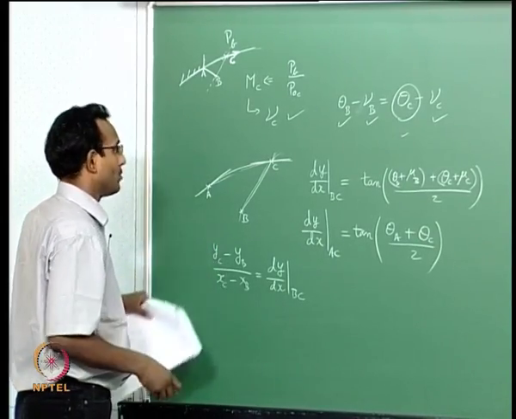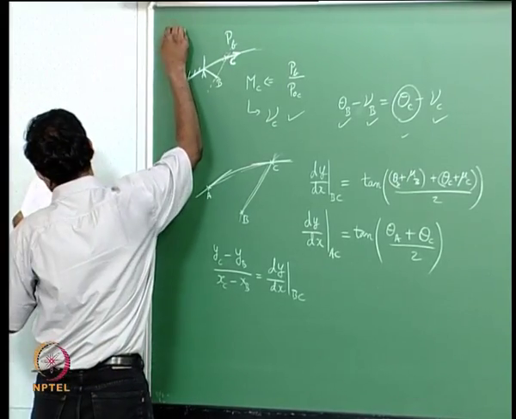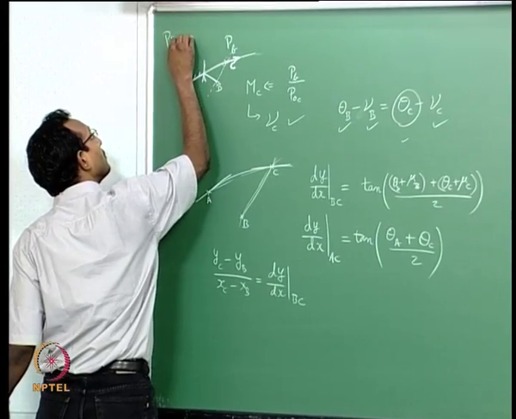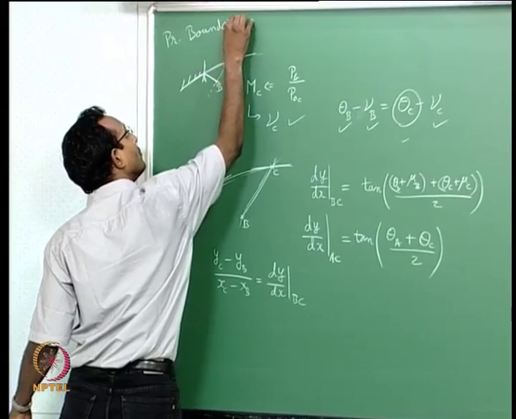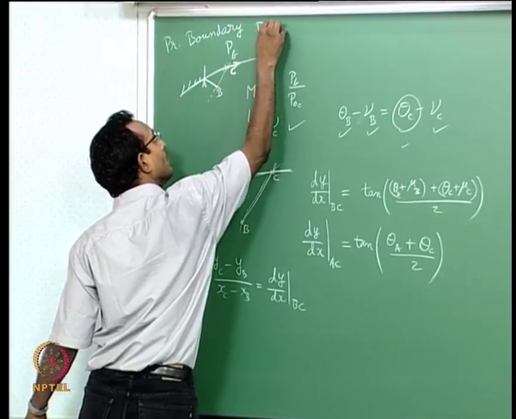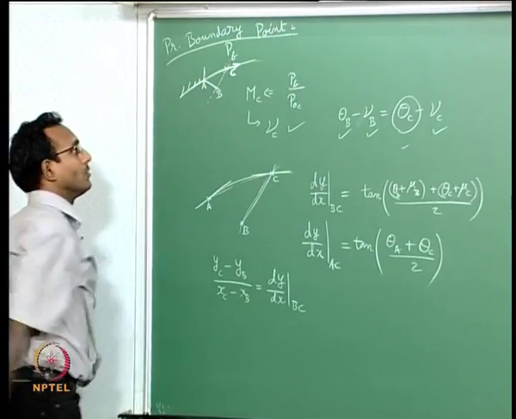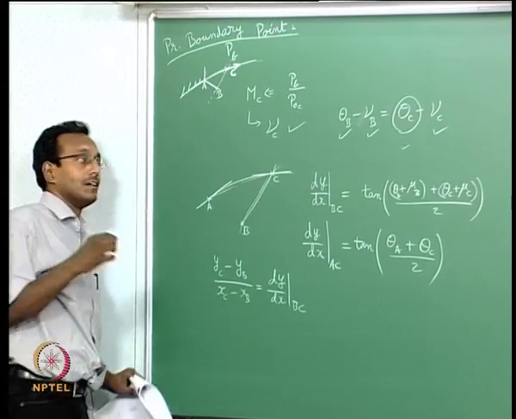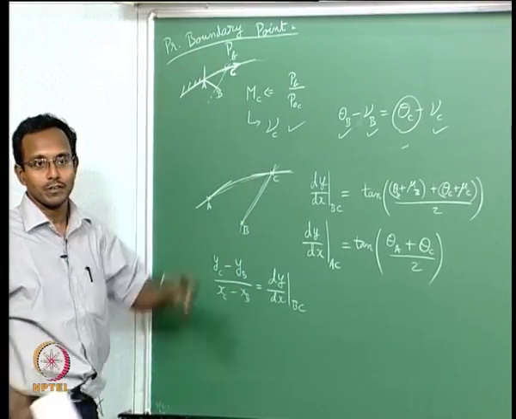Okay. So, we have another routine now, which is what I call a pressure boundary point. That is, I am finding the values of x, y, theta and Mach number for a pressure boundary point.